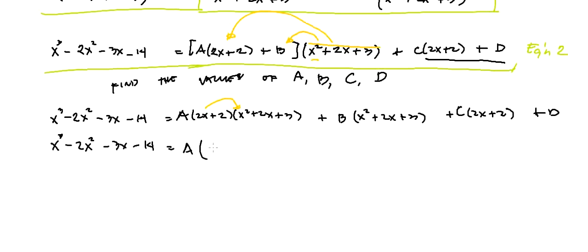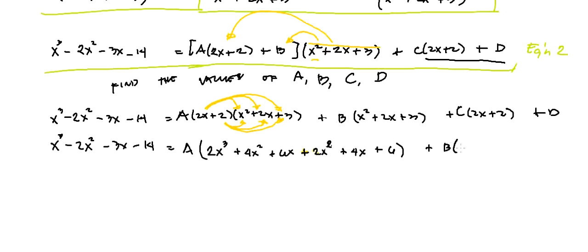So we have 2x cubed plus 4x squared plus 6x and plus 2x squared plus 4x and then plus 6. Okay, then copying all other terms.